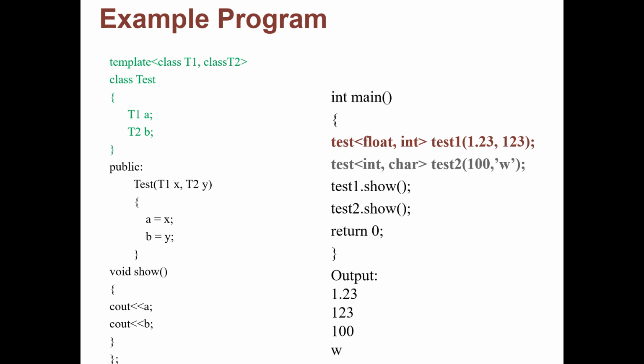In test1 we have two data types, float and int, and test2 has two data types, integer and character.